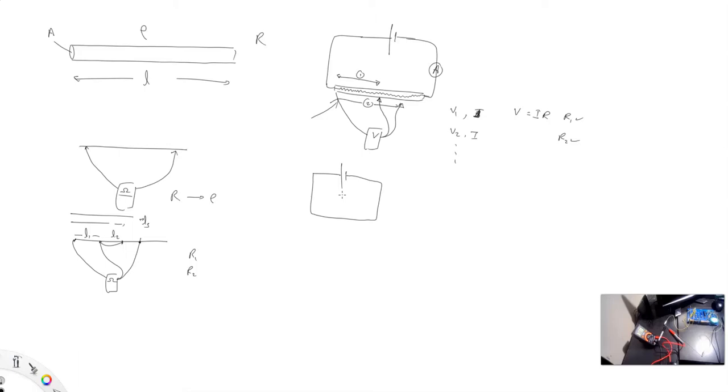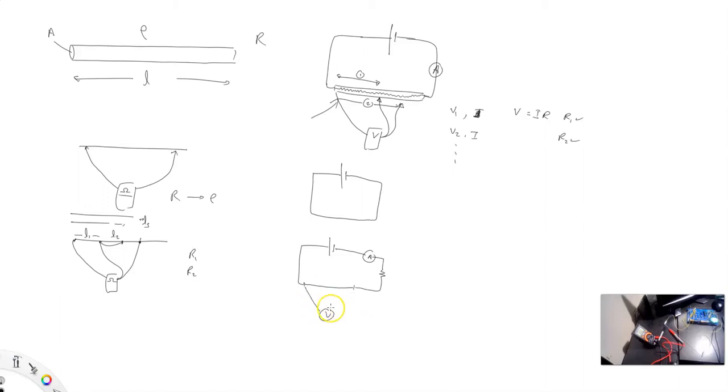So what we do is we will insert a resistor in series into this circuit. Here's the conducting wire. This segment is the wire. And then we're going to put a little resistor. And we have the ammeter also. So this resistor will actually limit the current in the circuit. Now we can have the voltmeter.